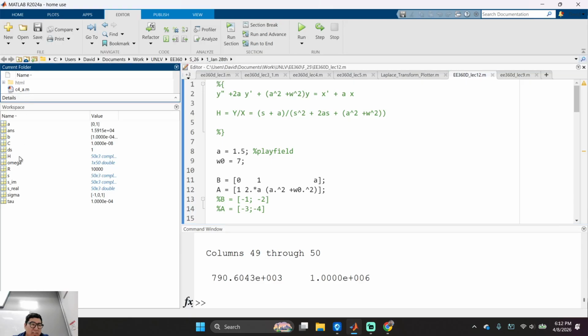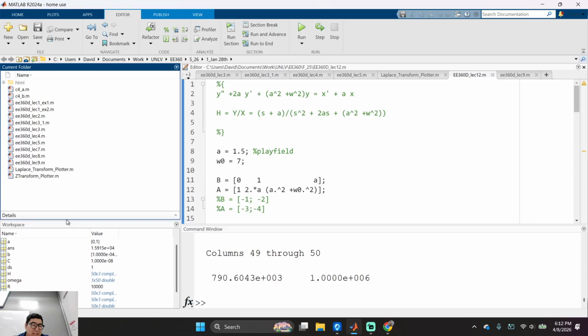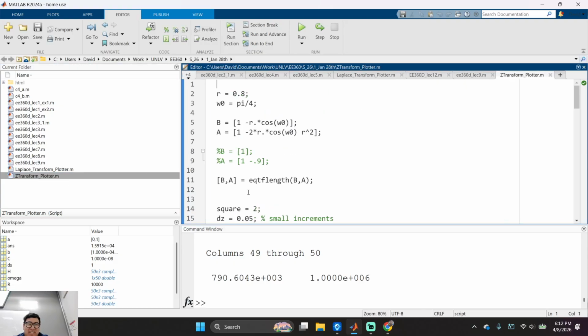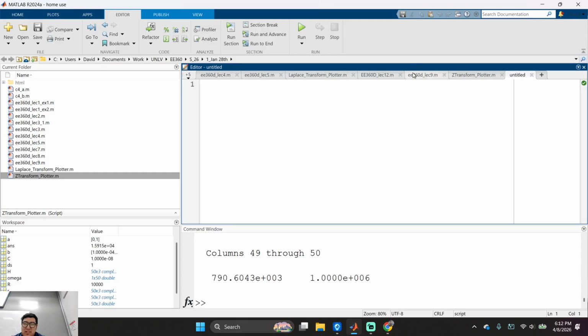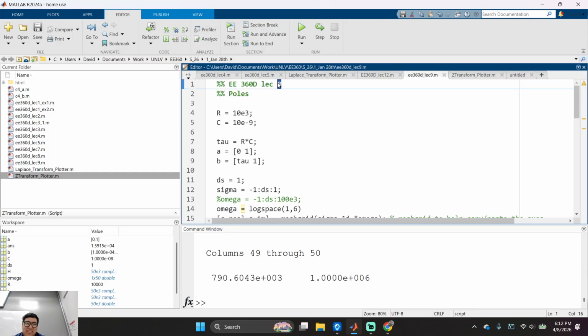Let me look at something cool. There you go, Z transform plotter. I like this little guy. Here's my little tool. Copy paste. April 8th.